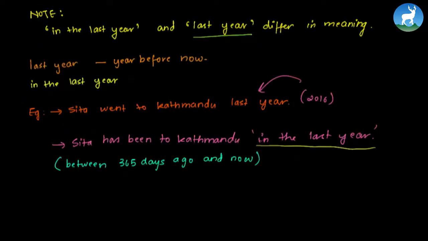And finally, the difference between in the last year and last year, which is a little bit tricky. Last year means a year before now, and in the last year means a time point between a year ago and now. So by knowing these forms of present tense, you can describe an object and a place.